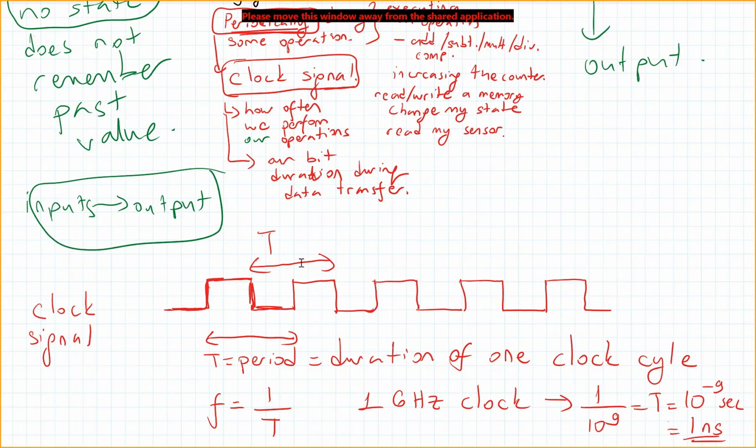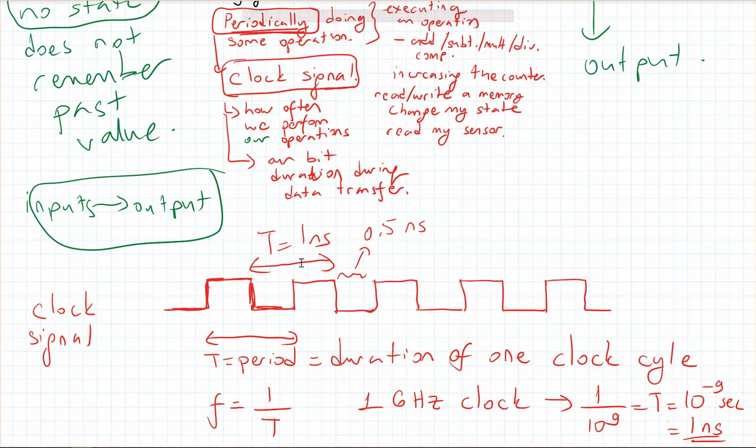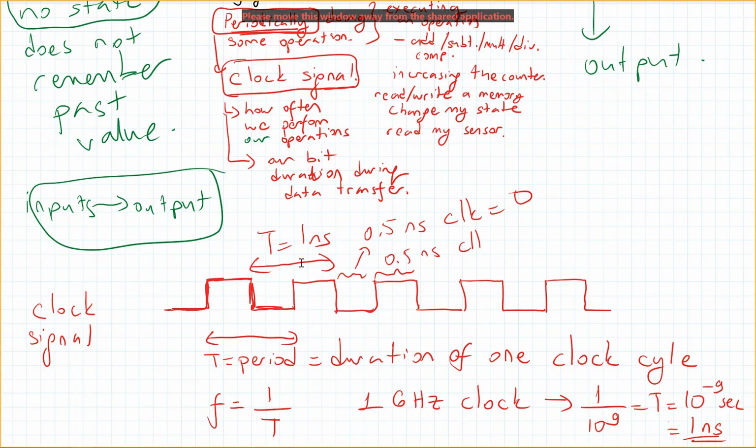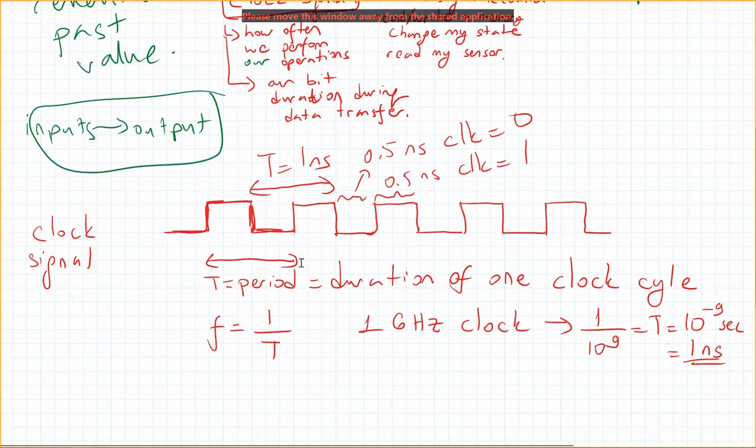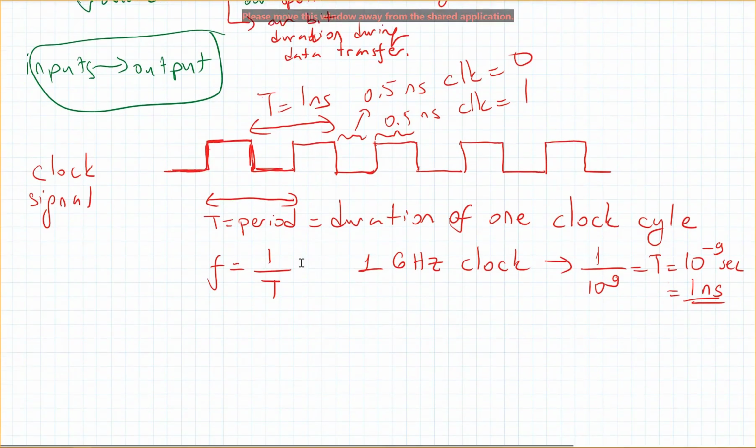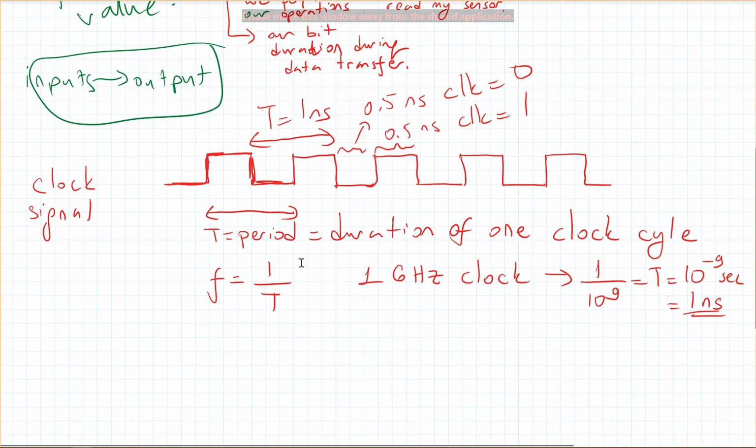So this is 1 nanosecond, and during 0.5 nanosecond my clock is 0 and the remaining 0.5 nanosecond my clock is 1. So this is repeating, toggling every half nanosecond. The clock repeats itself every 1 nanosecond, which is our period.